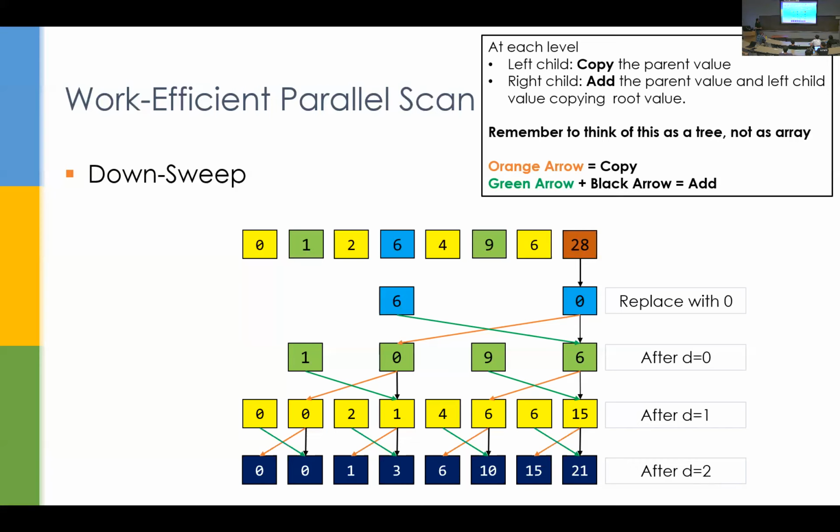So essentially, the result of the right elements, or the even elements, if you want to call them, is green plus black, and then the orange is the following. Any questions?